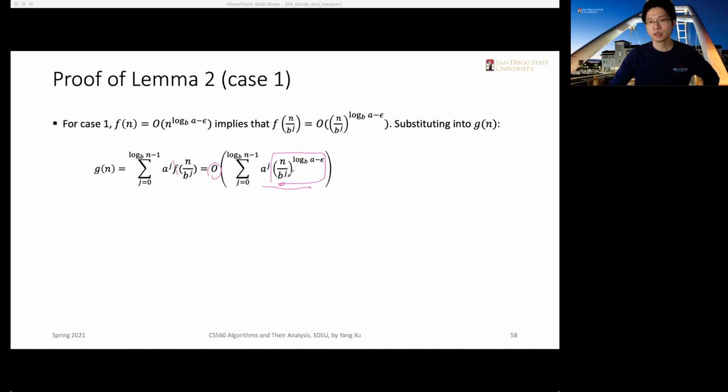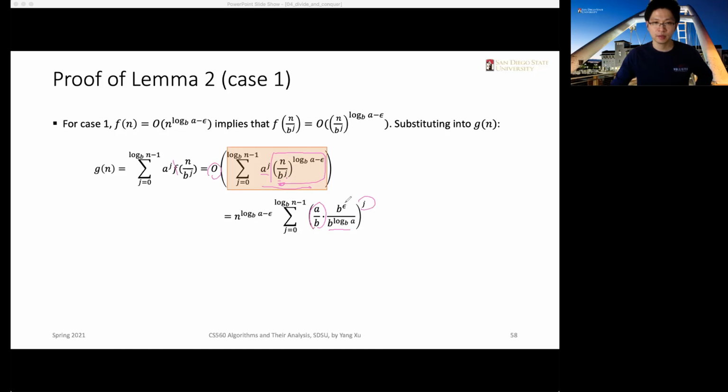Okay, but things will be easier because now we see that we can further simplify. We can combine the a and b's because they have the same index j, right? We can put a and b together under the power of j. And also the logarithm, the b raised to the power of this term.